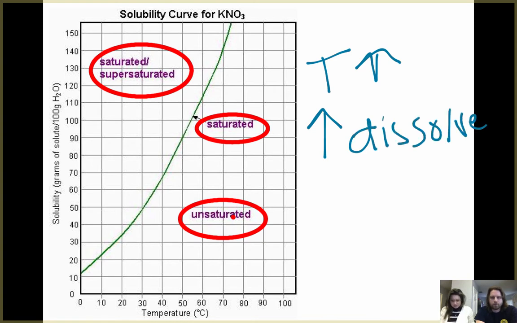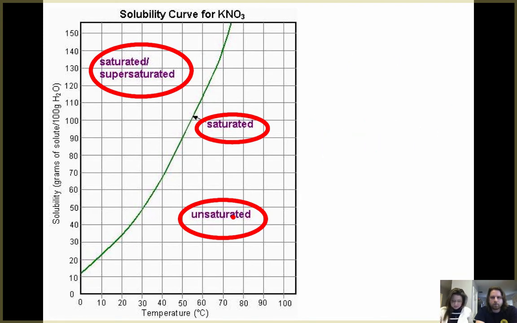Saturated means the solution has dissolved as much solute as it can take in, so we can't get any more in under normal conditions. On the line, it's saturated. Unsaturated means we can dissolve more, and we call this dilute.